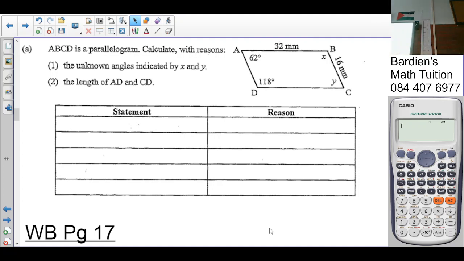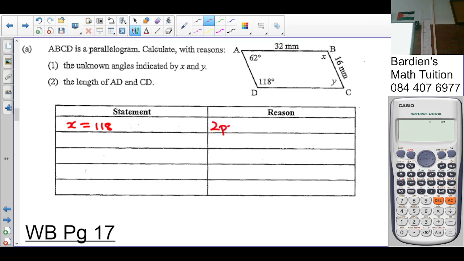So calculate with reason the unknown angles indicated by x and y. So x is equal to, so why is x 62? Is it 62? No. What is it? 118. Why?